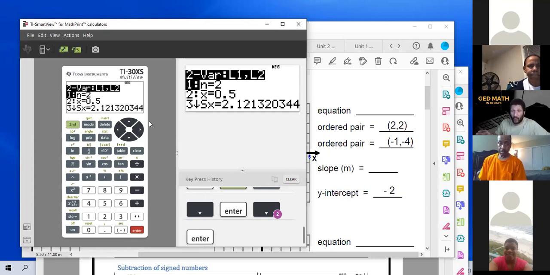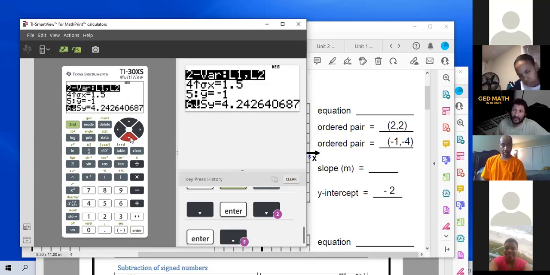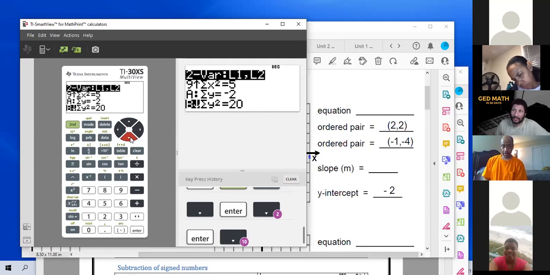But what am I looking for if I want to find the slope and y-intercept? A and B. What kind of A and B? Lowercase a and b right there.